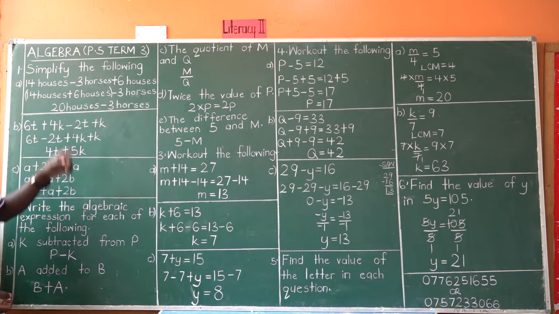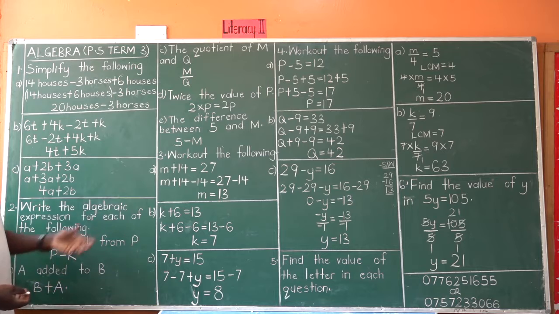So 14 plus 6 houses, you get 20 houses, then minus 3 horses. You must note that you cannot take away horses from houses. So the answer remains 20 houses minus 3 horses. So that's what's called collection of like terms.